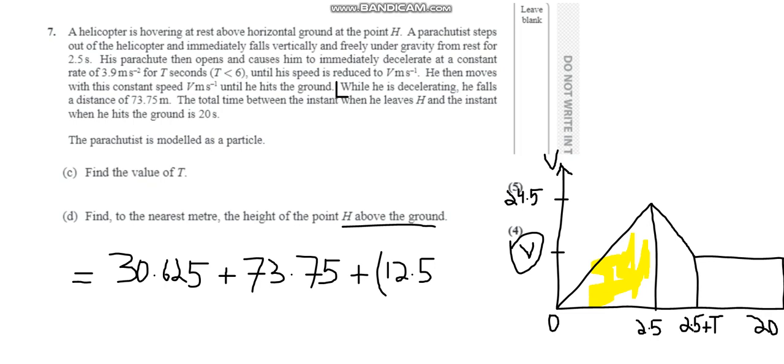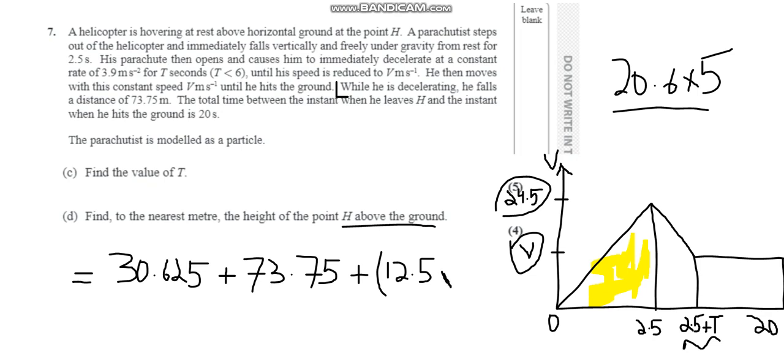To find the v value, we know our final velocity was 24.5 here, and they said it decelerated at a constant rate of 3.9 meters per second squared. So we subtract 3.9 from 24.5 and find that it's 20.6. Then we know the t here was 5 seconds, so multiply it by 5, and the product of that will be multiplied by 12.5 here.